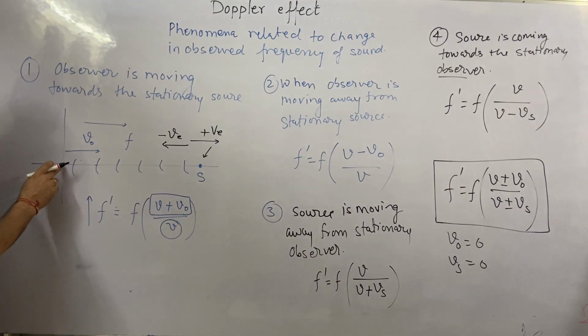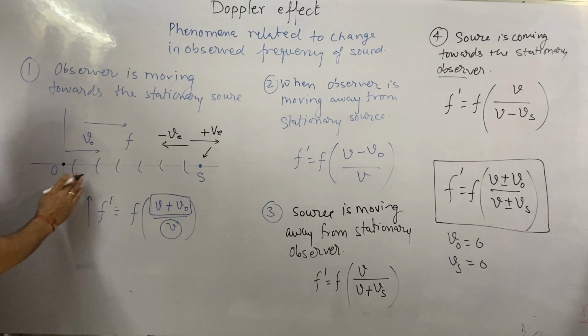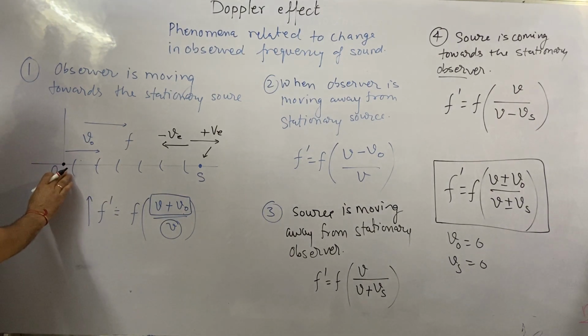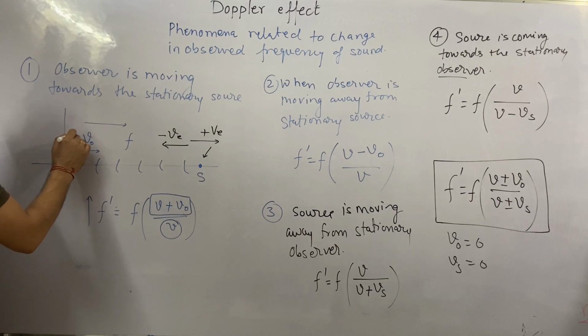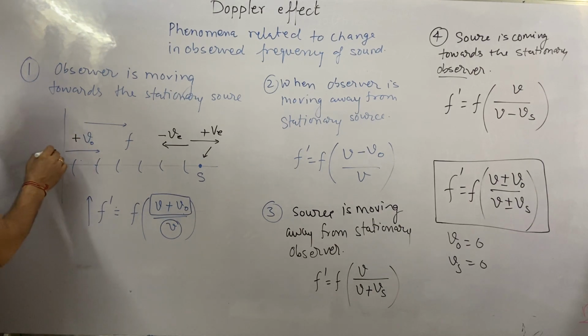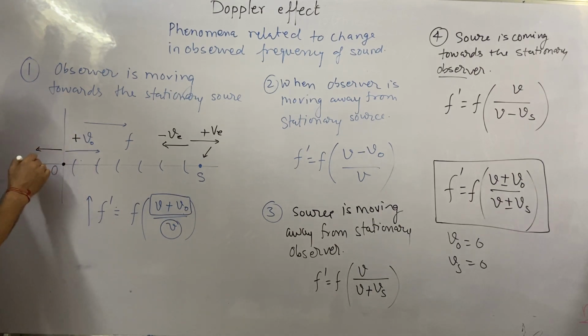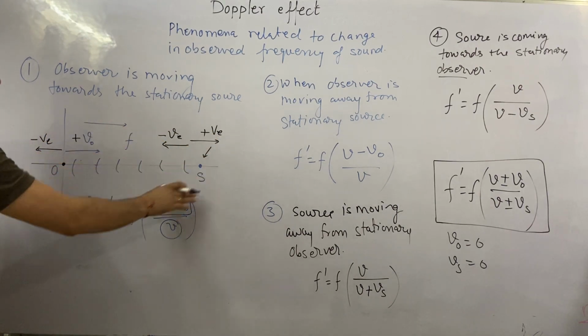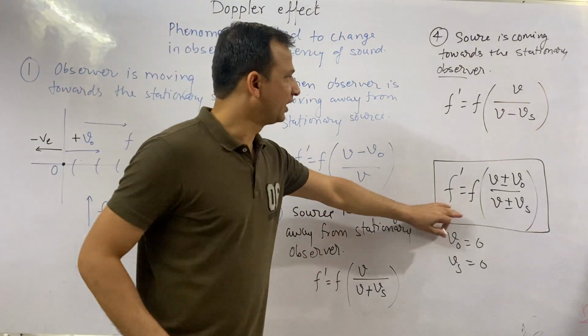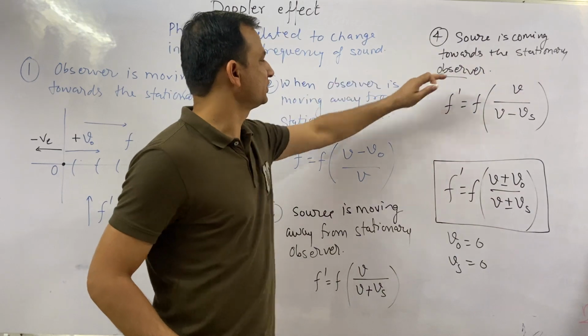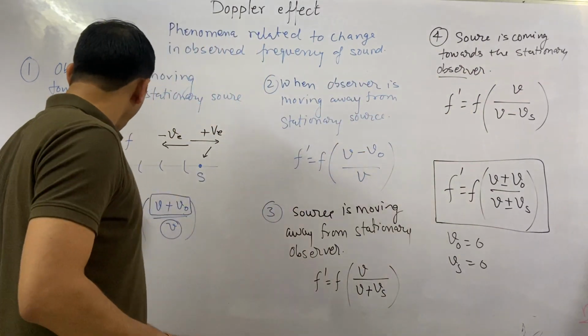And when you are going towards the right side of the current position of the observer, take the positive sign. And when you are going towards the left side of the current position of the source, use the negative sign. By using this method and this formula, you can calculate the change in frequency for all the conditions.